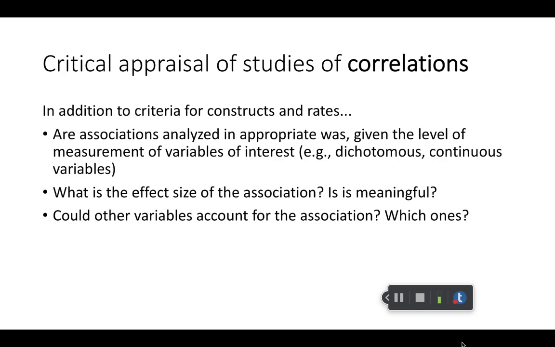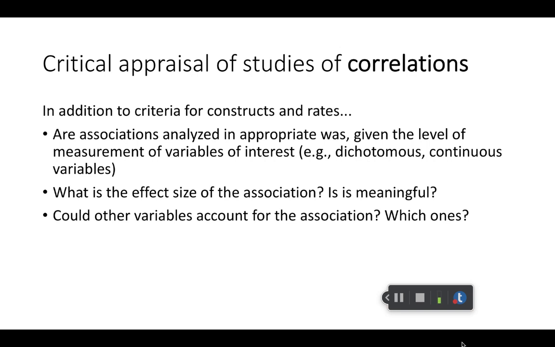So in terms of critical appraisal of studies of correlations, we want to look at several things. In addition to criteria that we've talked about before for interpreting studies of constructs and rates, now we also want to ask whether associations were analyzed in appropriate ways given the level of measurement of variables of interest in the study, that is, whether the variables were dichotomous or continuous.